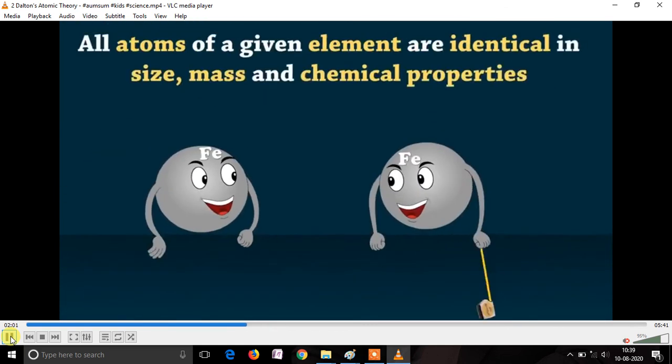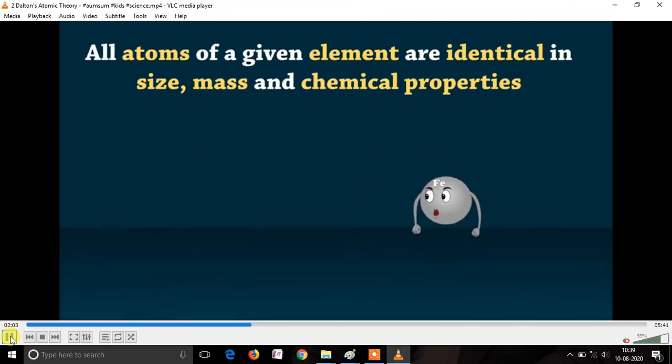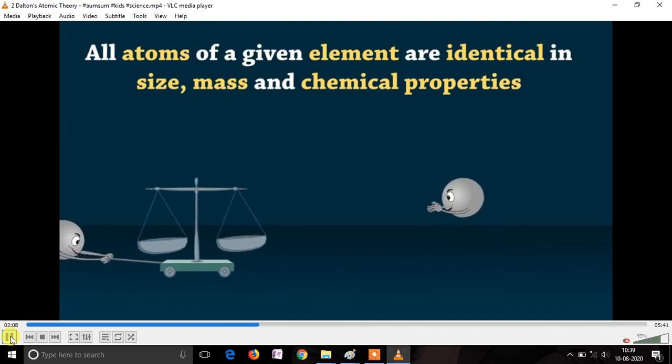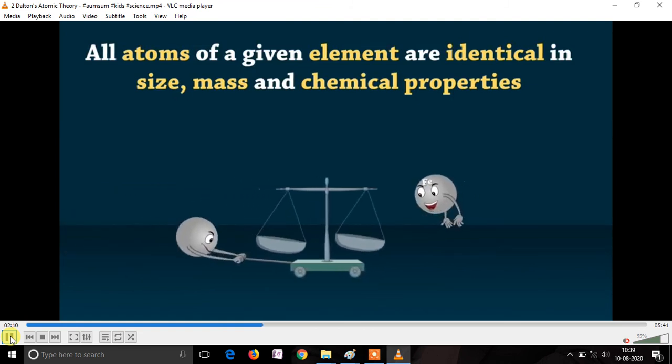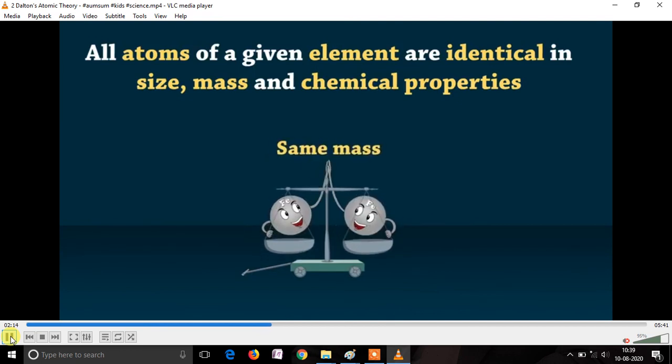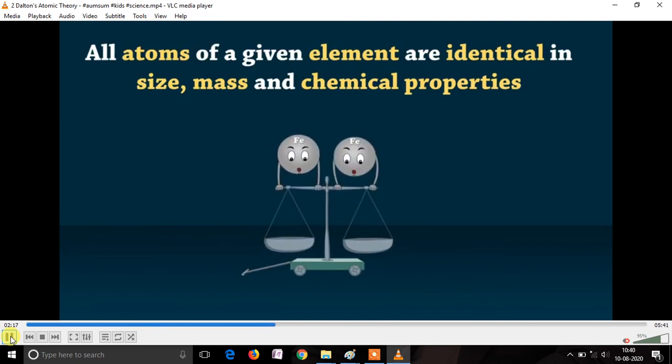The size is the same for the two atoms. And if we try to weigh them on a beam balance, we will see that they have the same mass also.